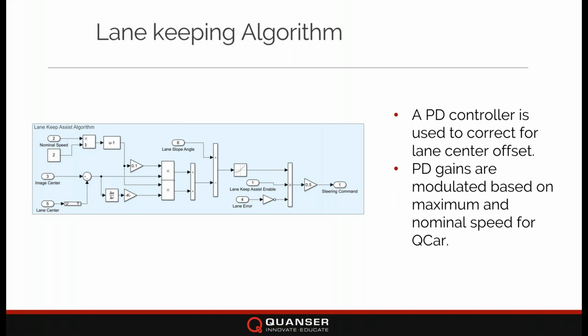The main idea here is, because the camera is rigidly attached to the car, the faster I'm going, my image is going to shift a lot faster. Whereas the slower I'm going, the rate at which the image is changing may not be as fast. And so I can be a little bit more forgiving.